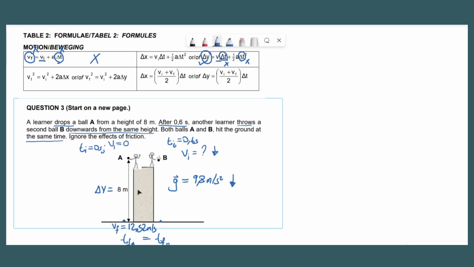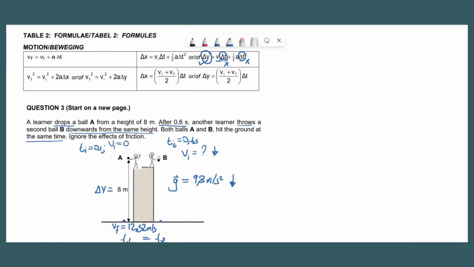And so our first step in solving 3.2.2 will be to calculate the change in time of ball A when it reaches the ground. And so we are again going to go back to our equations of motion. And if we look into the first equation again, for ball A, we can actually use this equation to work out the change in time because we do have the final velocity for ball A, which we calculated in the previous question.